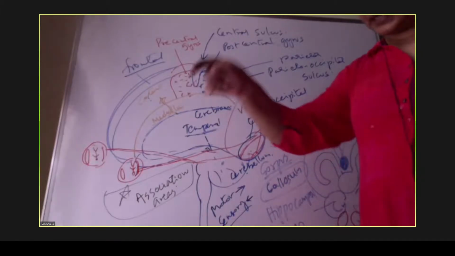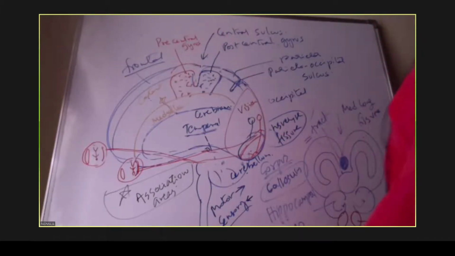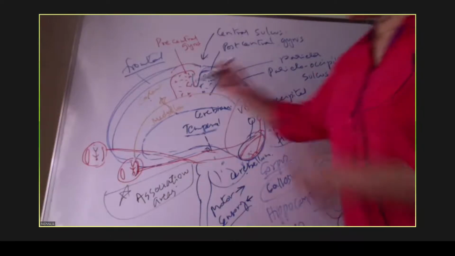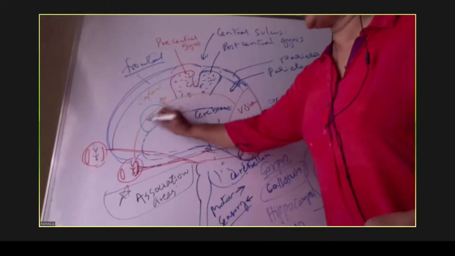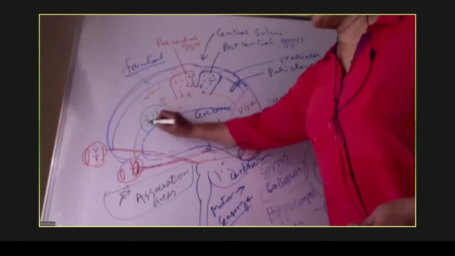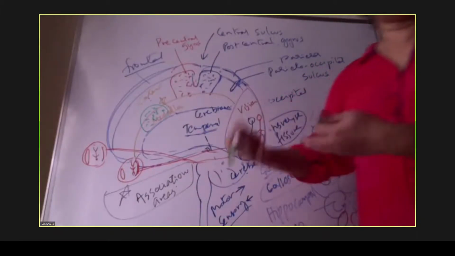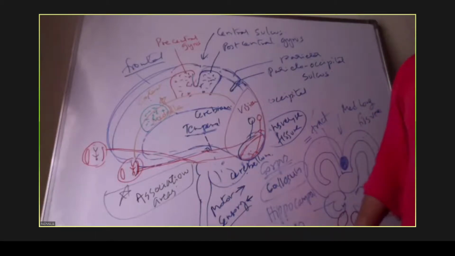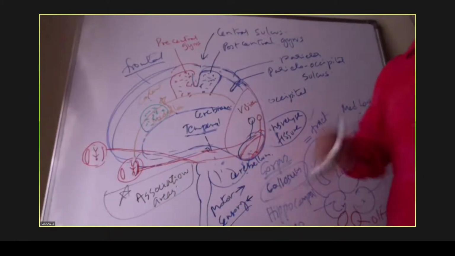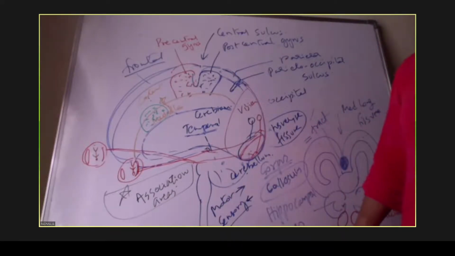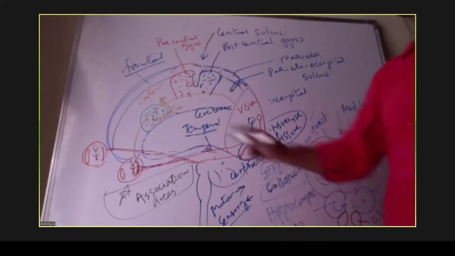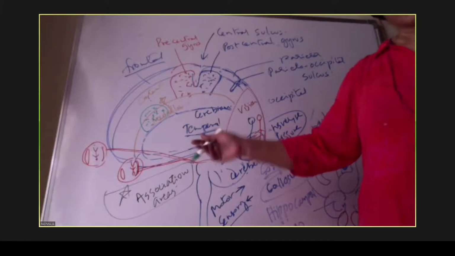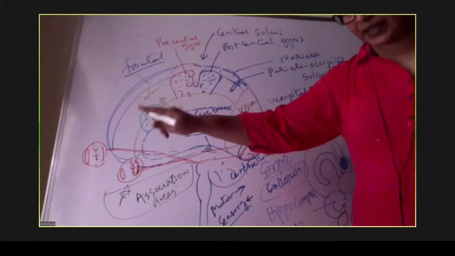If Broca's area is damaged, here is Broca's area, you can understand what the opposite person is communicating to you, but you can't speak in response to that person. You can't respond. As it is the motor speech area, it causes non-fluent aphasia.